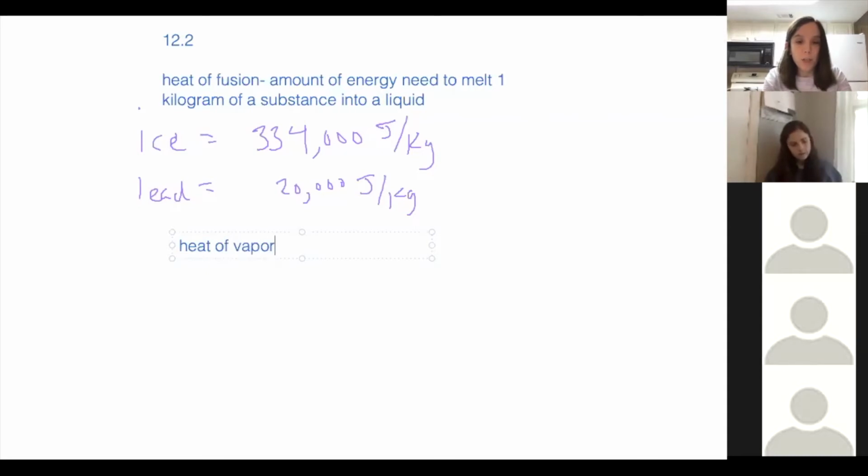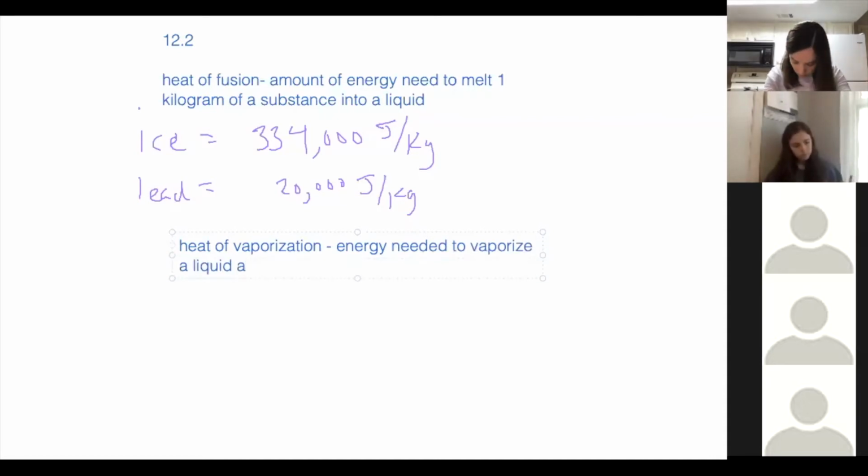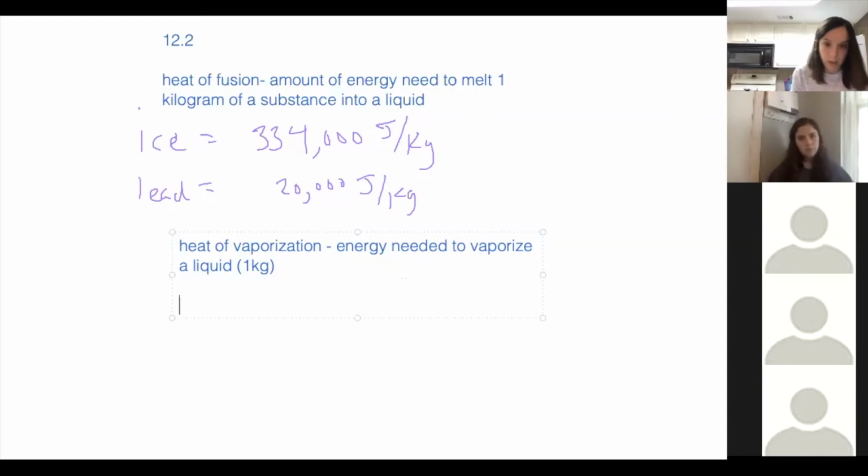And heat of vaporization would be going from a liquid to a gas. So vaporizing something means to have it go from liquid to gas. So it's the energy required to vaporize 1 kilogram of a liquid, going from liquid to gas.